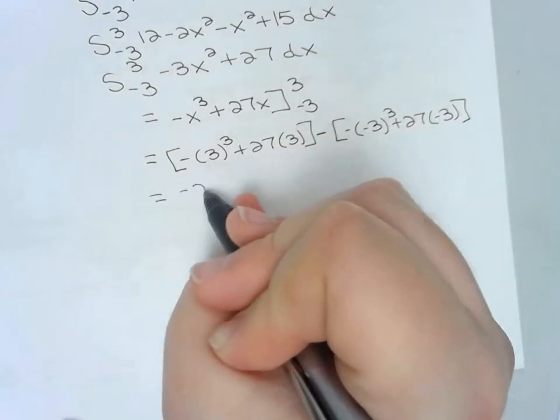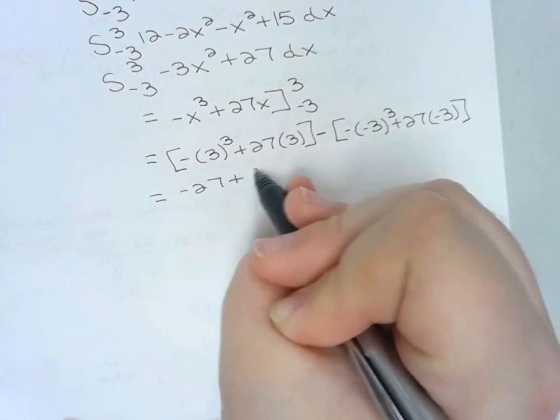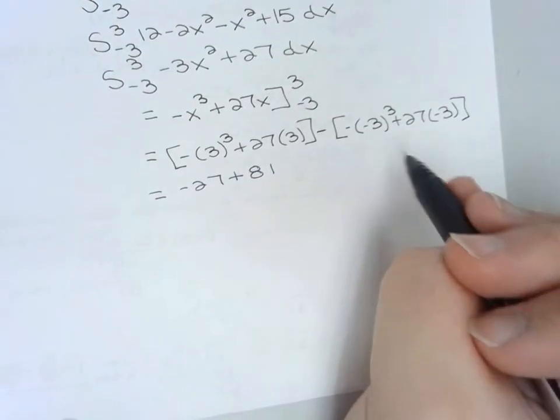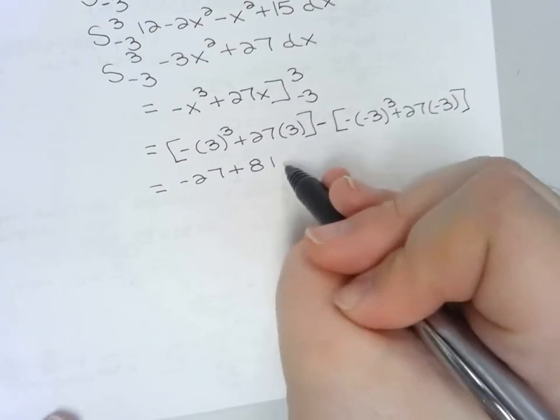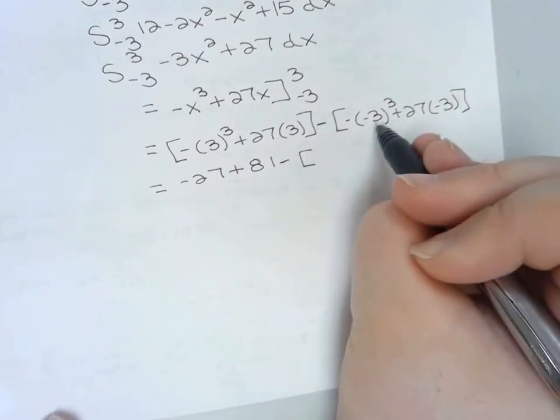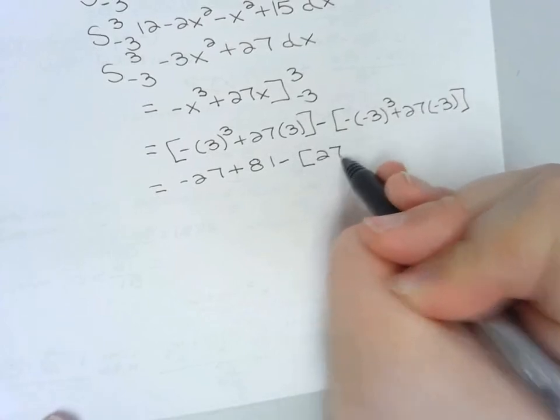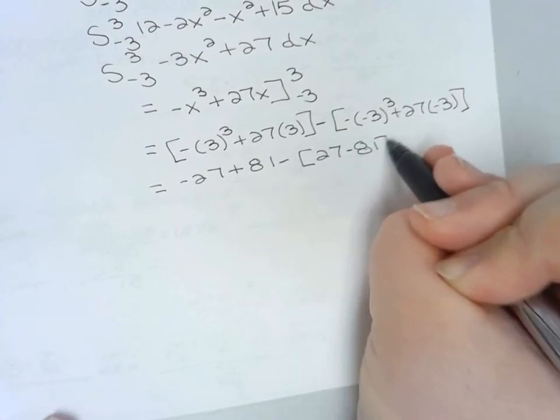Plugging in 3, we get negative 27 plus 81, since 27 times 3 is 81. Minus, plugging in negative 3, negative 3 cubed gives positive 27, minus 81.